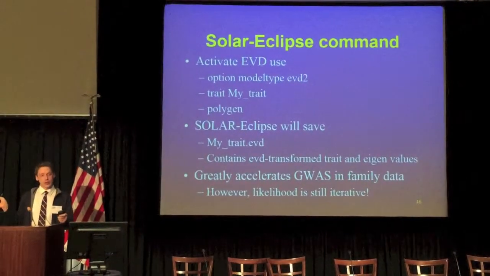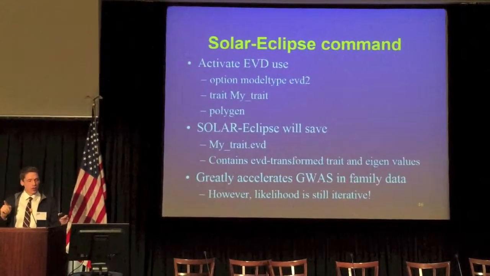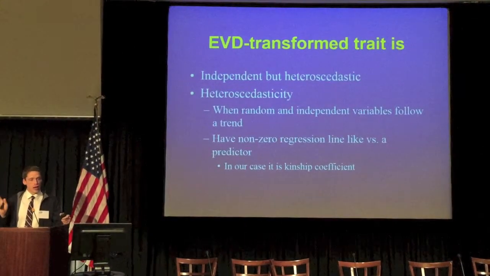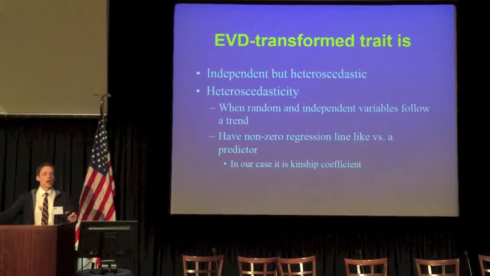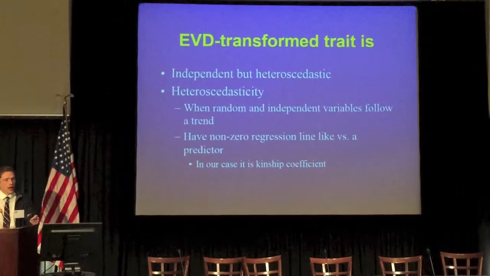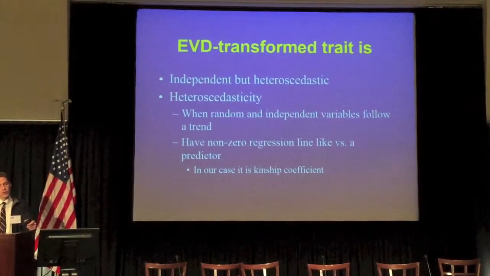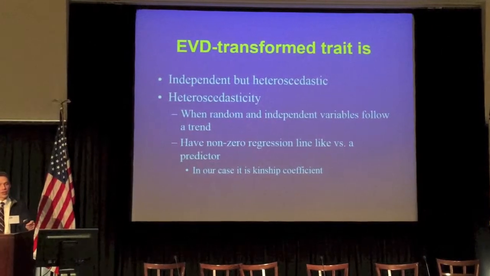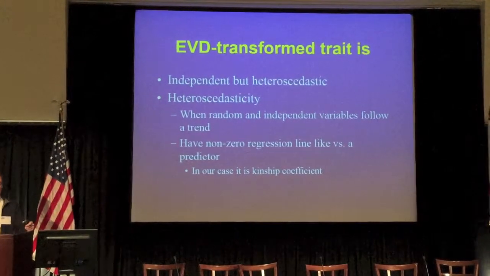or 30 iterations. Tom has really taken this further by introducing a very clever feature, which we could call informally hacking the heteroscedasticity. Following the EVD transformation, the trait values are independent but heteroscedastic. So what is heteroscedasticity?